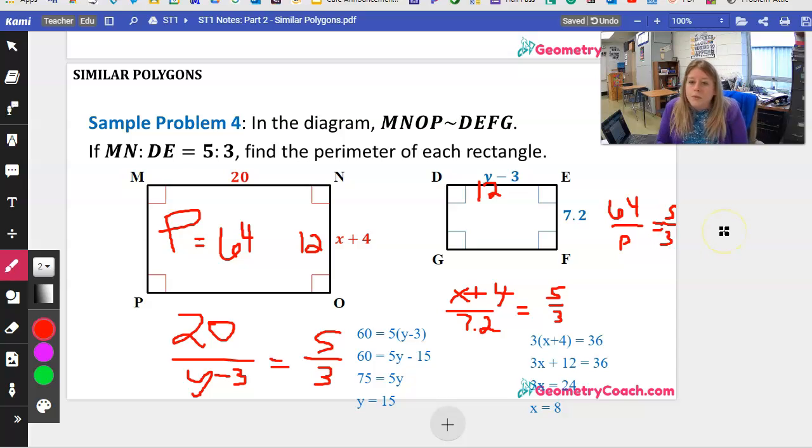Because if the sides are in ratio, then the perimeter is in ratio. So 64 times 3 equals p times 5. Divide that by 5, and it's 38.4. P equals 38.4, which 12 plus 12 plus 7.2 plus 7.2 is 38.4.